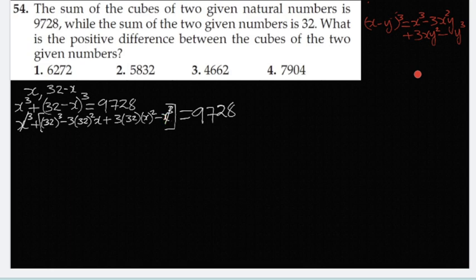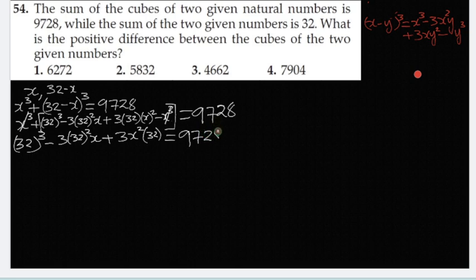Now what can we do? We can again write it and simplify it. So 32 the whole cube minus 3 into 32 square x plus 3x square into 32 equal to 9728.